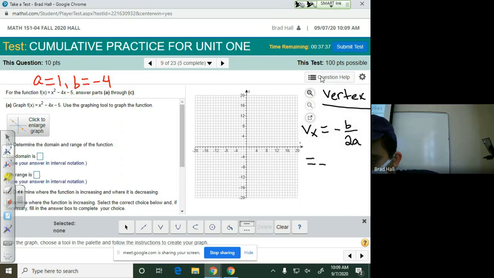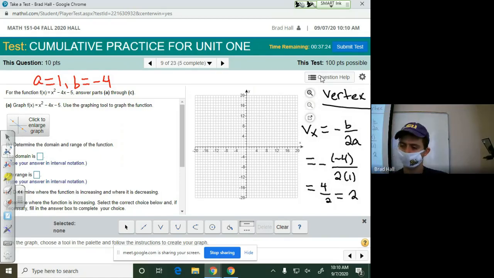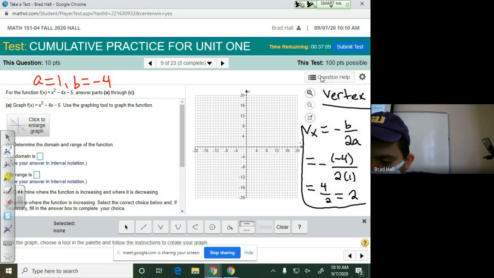Now this is minus negative 4 divided by 2 times 1, which is 4 over 2, which is 2. So we have the x-coordinate of the vertex. Now we need to figure out the y-coordinate of the vertex. To figure out the y-coordinate of the vertex, we have to plug the x-coordinate back into the function.